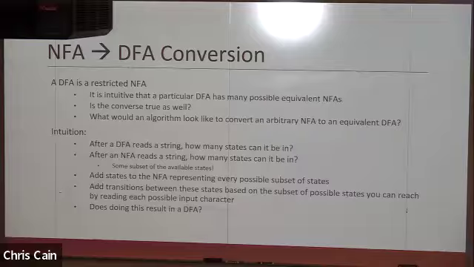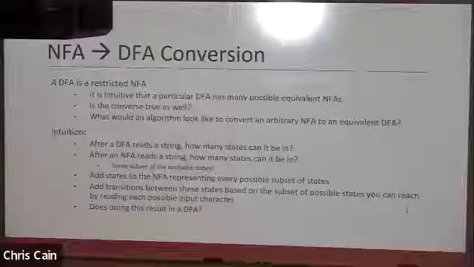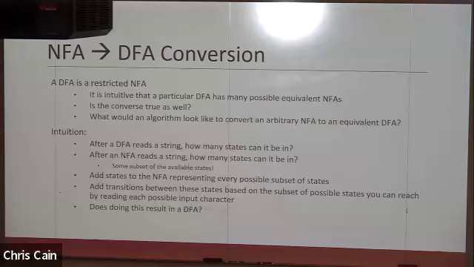Each one of those subsets of states is going to end up being a potential state in the equivalent DFA. If we were to go through this process, would that result in a DFA? And the answer, surprisingly, is yes.